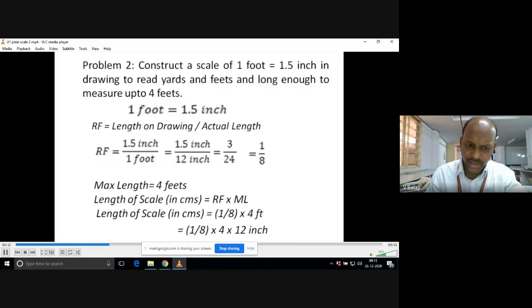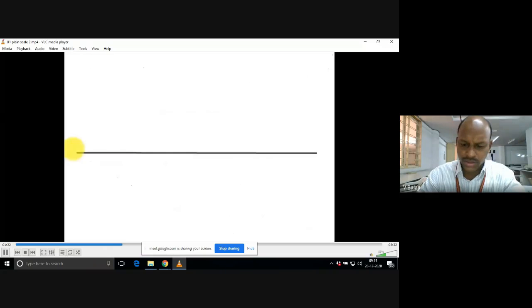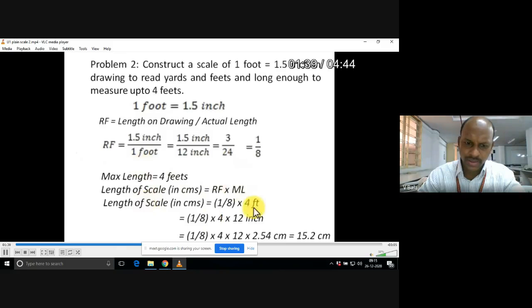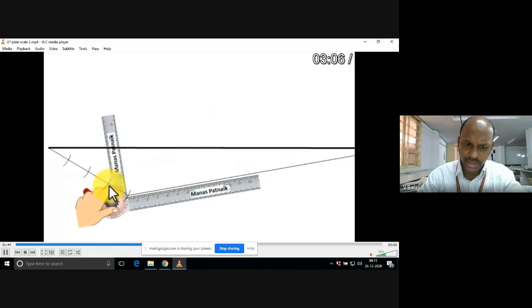You know how to divide? By using which method? Line division method. So you take any angular line, take 4 equal arcs on that angular line and join that last arc to the other end of the 15.2 centimeter line, because this is the starting point from where you have drawn the angular line.